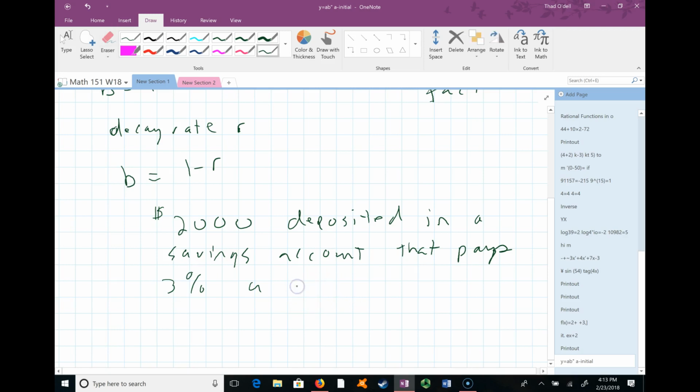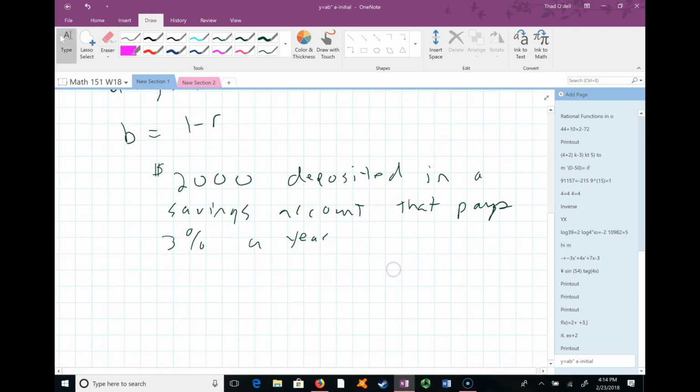In this case, that 3% would be a growth rate. It's growing every year. So the initial value would be $2,000. The growth rate would be 3%, otherwise known as 0.03 as the decimal equivalent. And so therefore the B would be 1.03 because it's 1 plus 0.03.